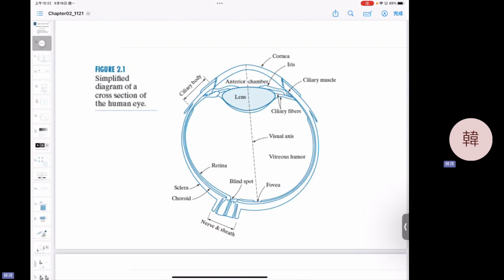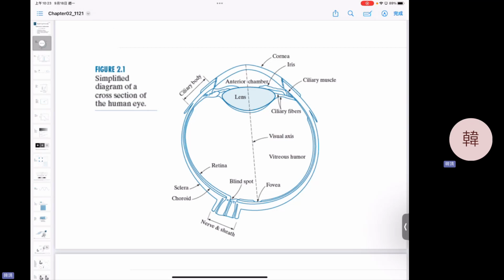The first one is your eyes, your eyeball here. Okay, imagine. There are three layers in your eyeball. The outside layer is the cornea, which is a kind of hard, and then it connects to the sclera.